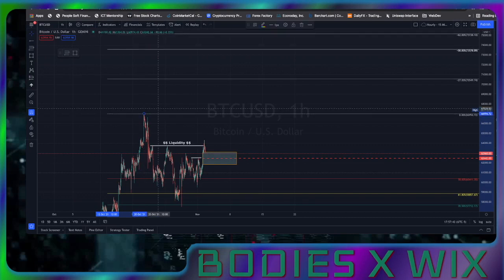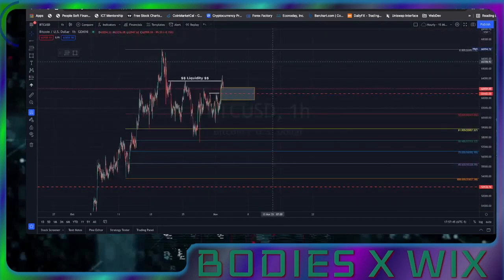There we go. And it looks like it has already come back and entered into the 61.8%, which would be the discount price. So anything, especially if you're in a bullish anticipation, and it makes a huge run up.